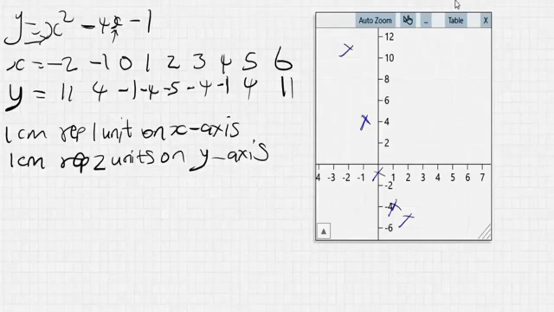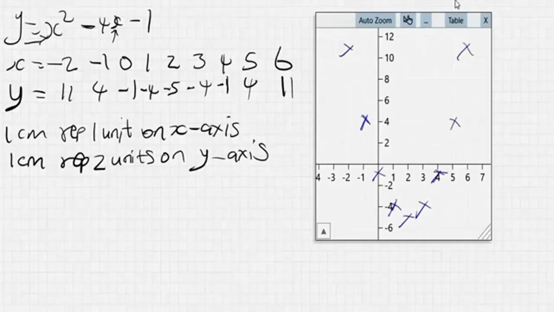When our x is 4, our y is -1. When our x is 5, our y is 4. When our x is 6, our y is 11. It will still be somewhere here.